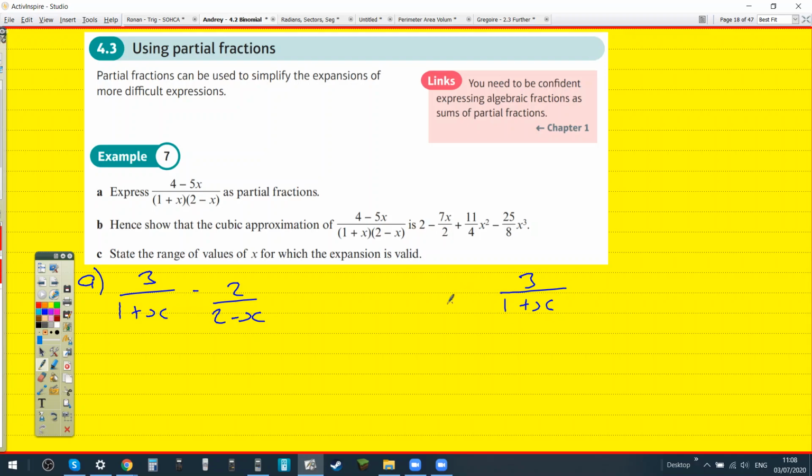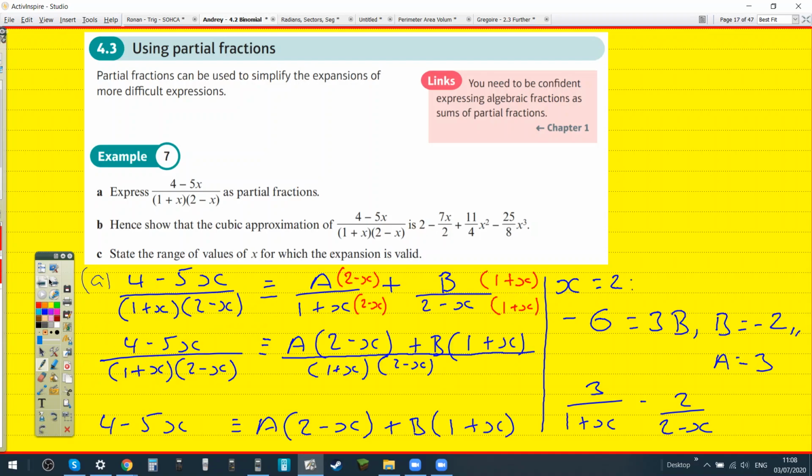You do 3 and then 1 plus x to the power of minus 1. Yeah. And then I'd use the formula here. Do you remember this formula?